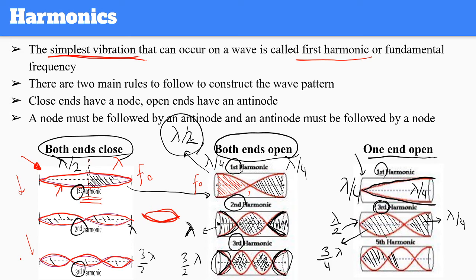Half, another half, a quarter. So basically you have 1, 2, 3, 4, and 5 quarters. So this one is going to be 5/4 of a wavelength. These are basically how we calculate the wavelengths that we fit in those 3 different systems.